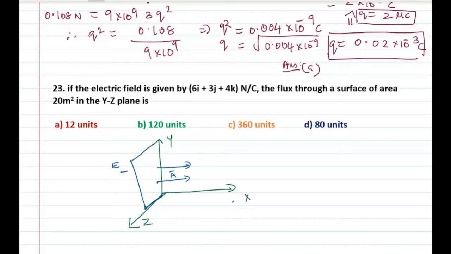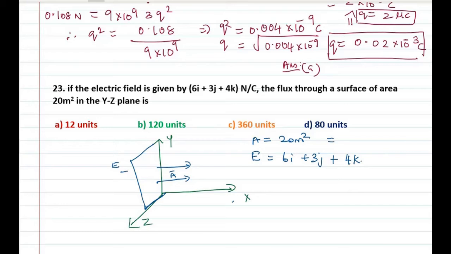So what is the electric field? The electric field is given as 6i plus 3j plus 4k. Then the area is given as 20 meters square.